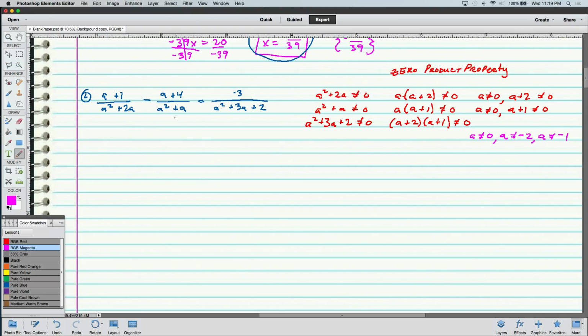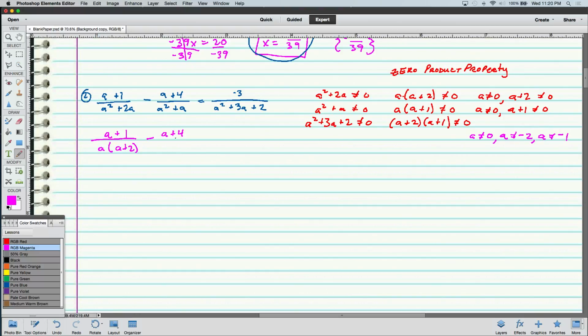Step number 2, clear all fractions by using the least common multiple. Well, one good thing about finding the restrictions is that we already factored all of these denominators. So here, we're going to write a plus 1, and factoring this, a plus 2.